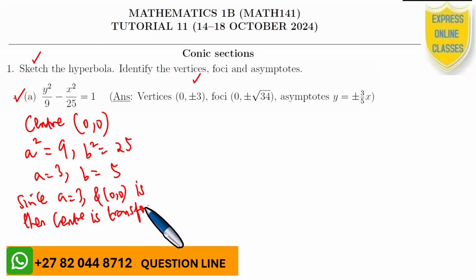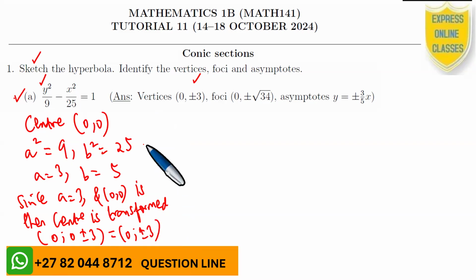How is the center transformed? It is transformed because y is where the a is coming from, so you're going to affect the y component. Which means you add 3 and subtract 3 from the y component, getting 0, plus or minus 3. This here would give us the vertices.